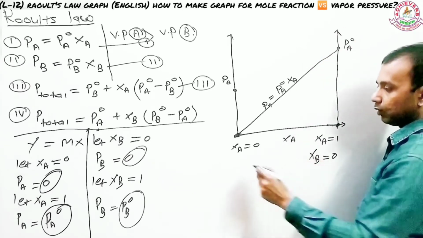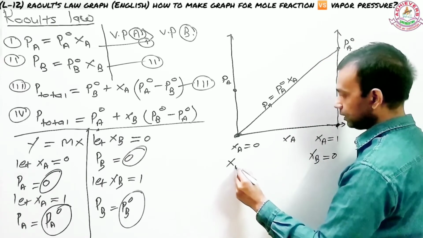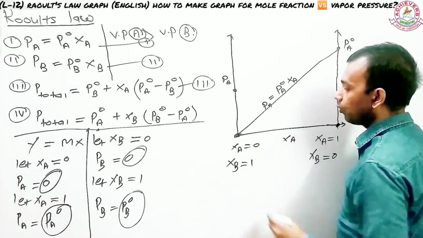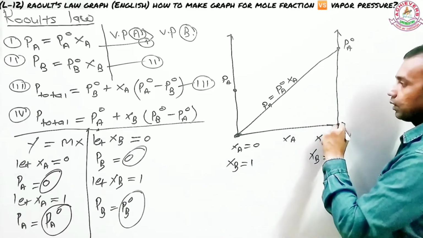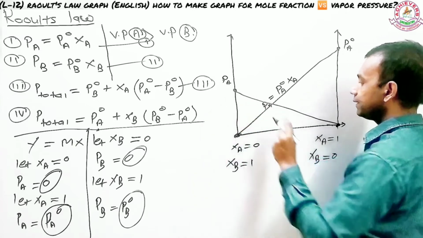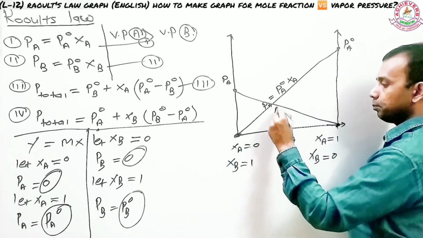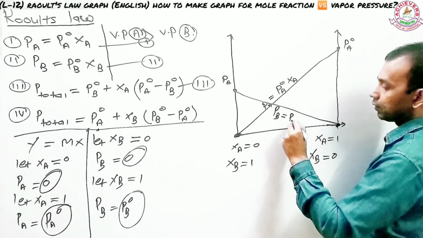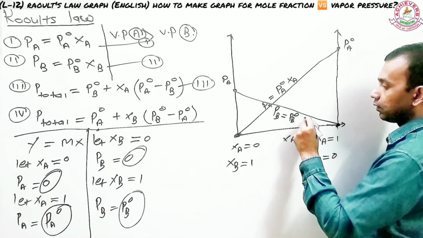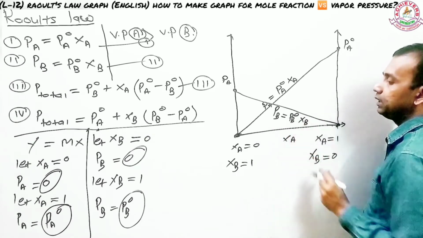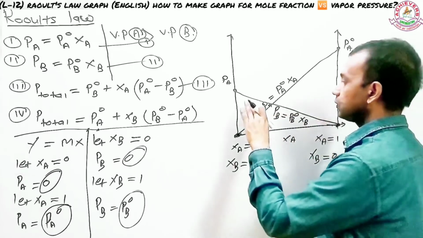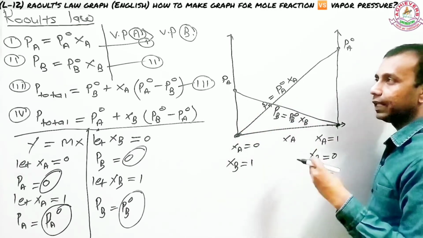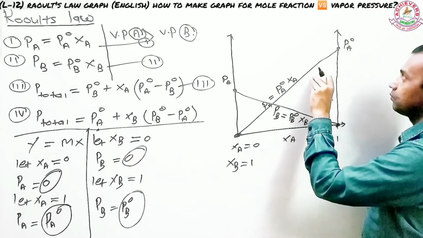Okay, so they are 0, but however here XB is going to be maximum, which is 1, right? And in that case your graph is going to be something like this, and this represents PB is equal to PB naught XB. So this is the vapor pressure graph for the second component, which is less volatile than the first one, and this is for the first one.